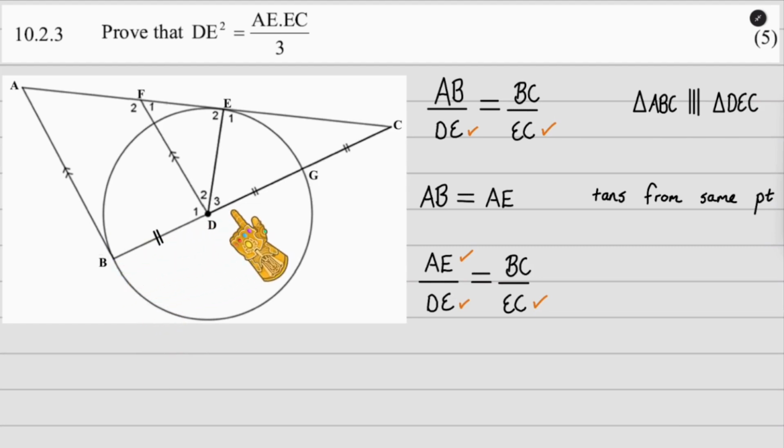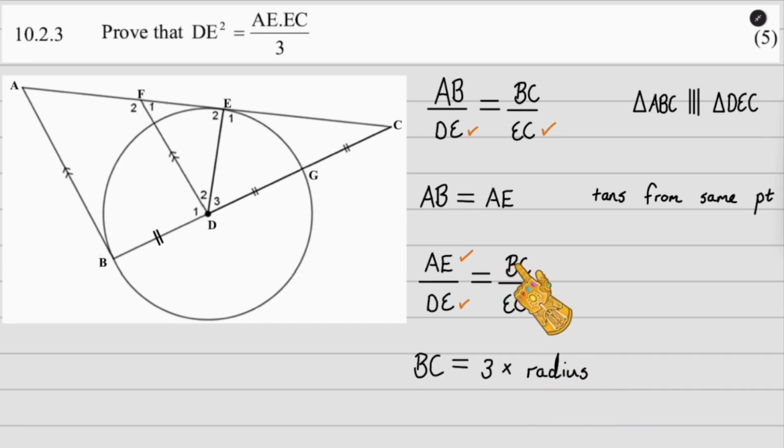Now we can see BC has 3 equal lengths inside of it, so I definitely have the power to change that. So how we're going to state this is we're going to say BC is 3 times the radius. It's got 3 radius lengths inside of it. And now I've got to decide what to change this radius to.